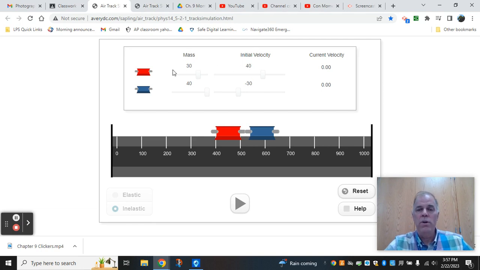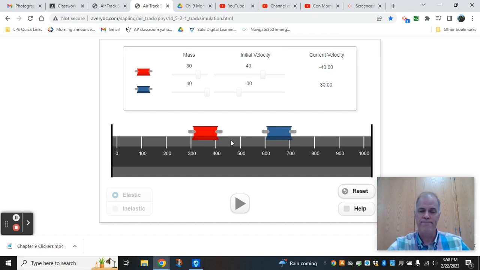Even when the two carts, the red cart and the blue cart, were coming in and they were each carrying momentum, the center of mass of the system was not moving. And we see that when we do an inelastic collision and have it stick there. And as I said, we're going to take advantage of that fact. When the center of mass is not moving, then the speeds in to the collision are the same as the speeds out of the collision, just in the opposite direction.